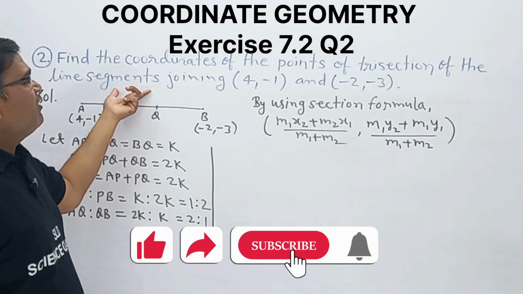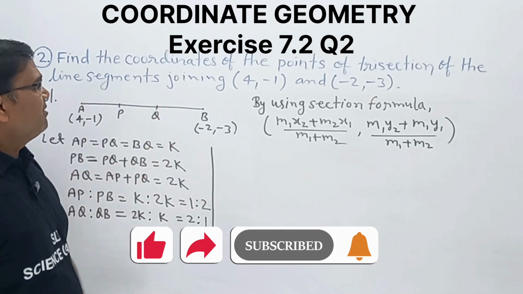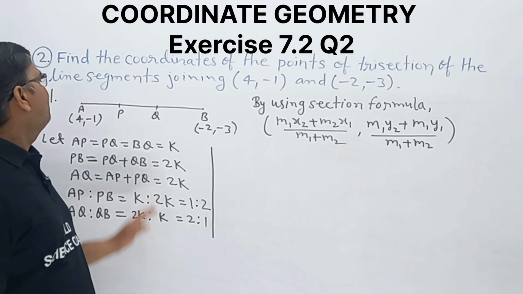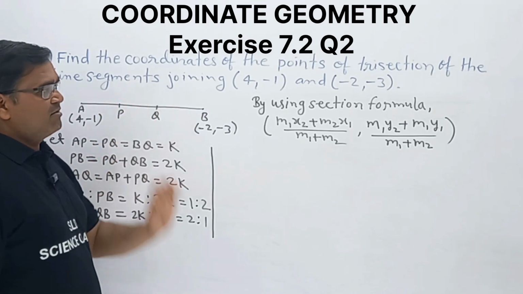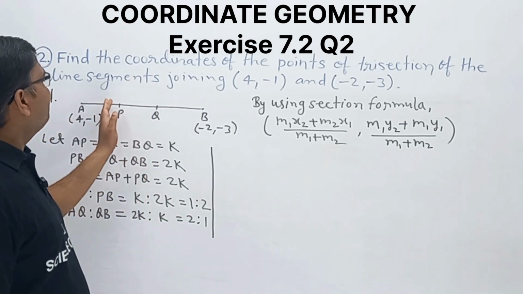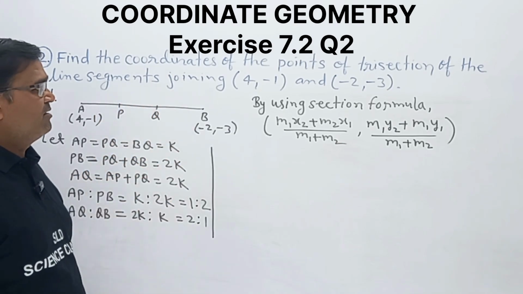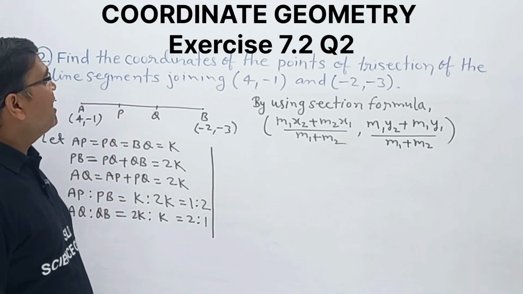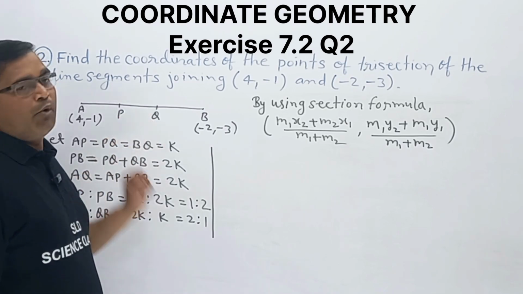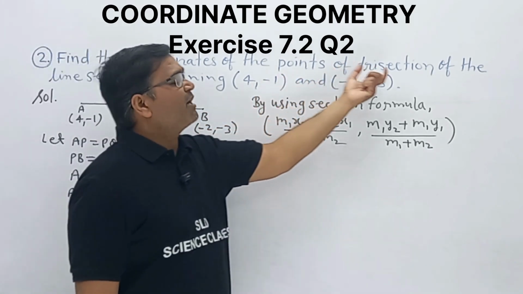One line segment we are having. This line segment is divided into three parts. Trisection means we are dividing this line segment in three parts. Then we are getting points P and Q. Points of trisection.